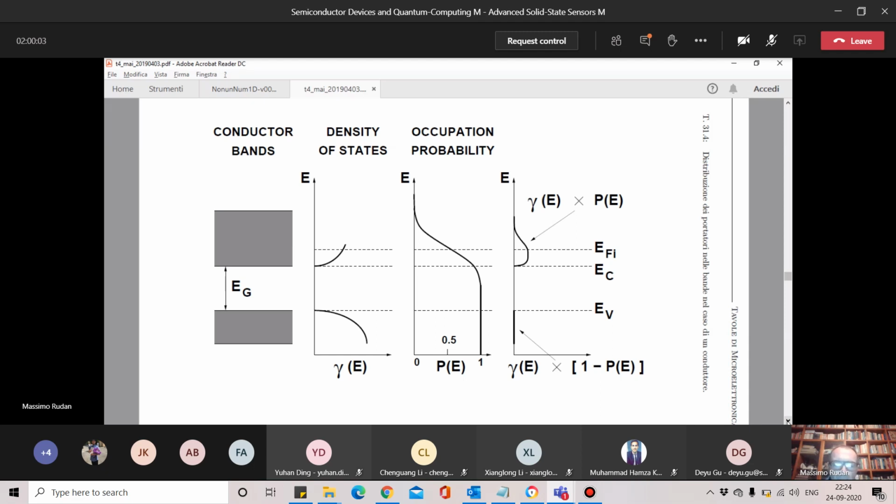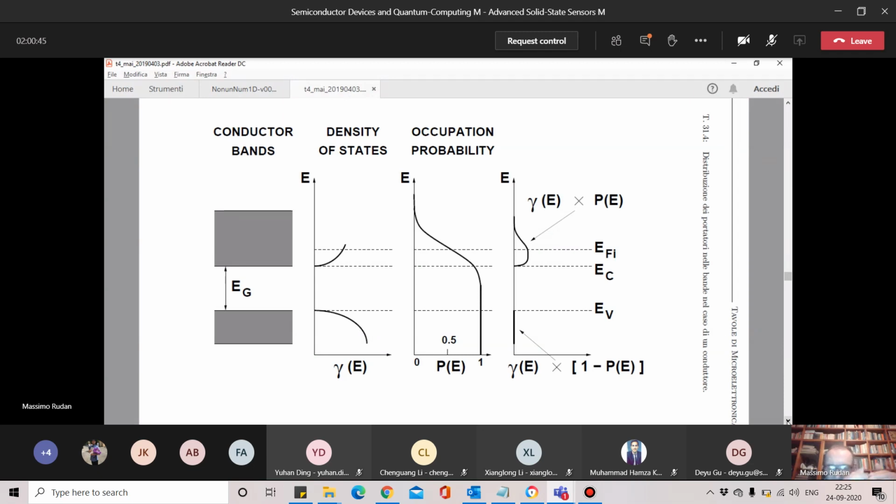So when you have an alternation of allowed bands and forbidden bands, like you have in a crystal, there are only two possibilities for placing the Fermi level. It may happen that the Fermi level is inside an allowed band, or the other possibility is that the Fermi level for that specific crystal happens to be in a forbidden gap.